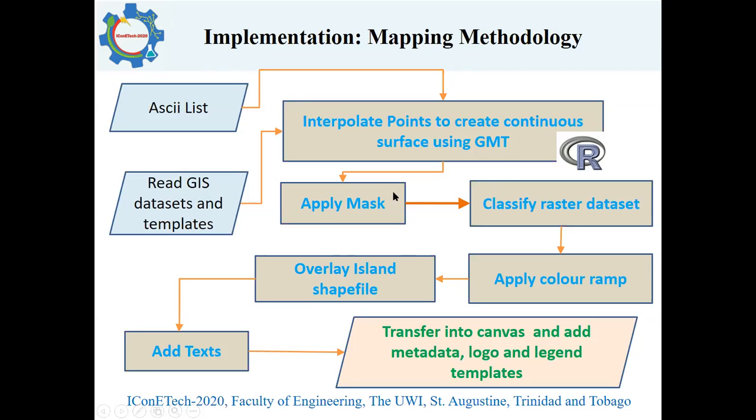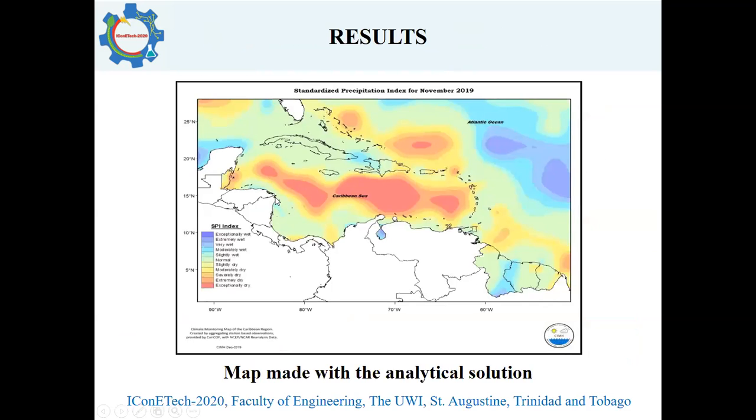And in R, it applied a mask, classified the data sets, applied a color ramp, overlaid the other information, added our text and annotations, and then transferred this information into basically blank templates. So it used the cut and paste approach. And the final result as it came out of R, as you can see, is this cartographic product that looks very similar to what came out of ArcMap.